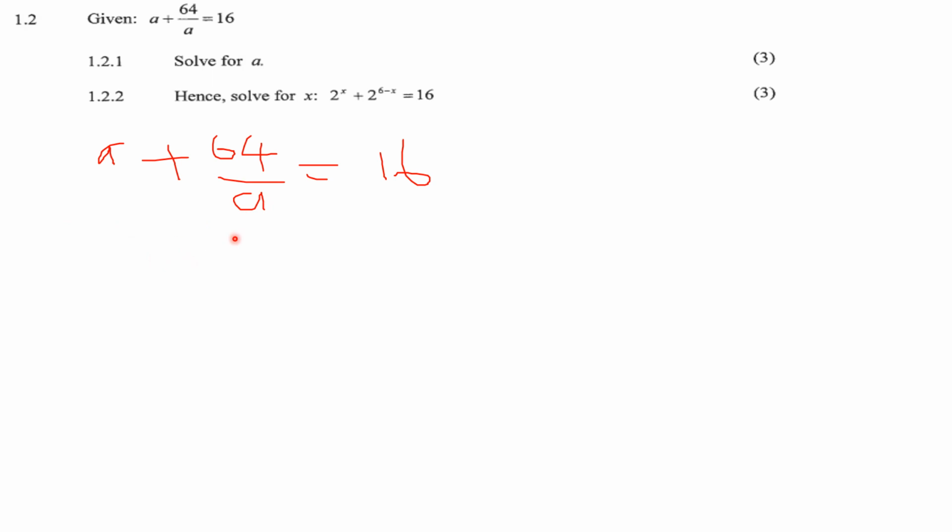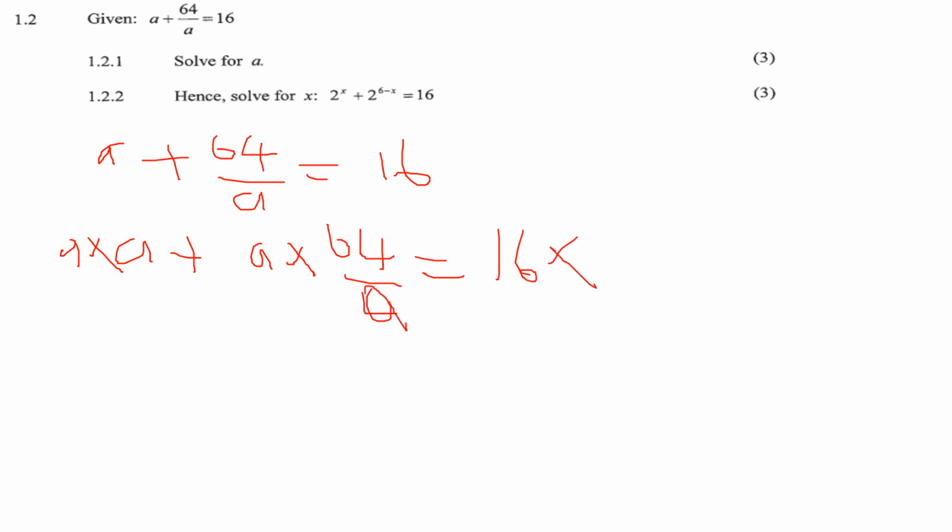Basically, if we have a variable at the denominator and we can easily remove it by multiplying, then we can multiply by a throughout the whole equation. So we're going to say a multiplied by a. You multiply every term here, so a multiplied by 64 over a, and then it equals 16 multiplied by a.